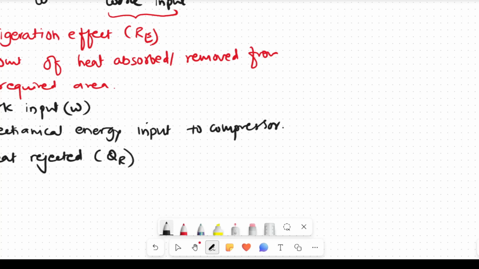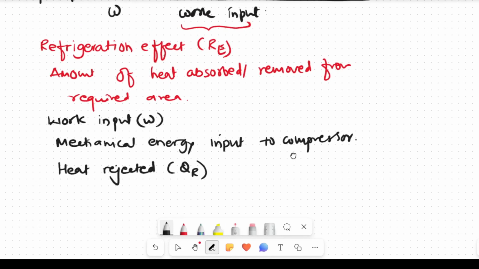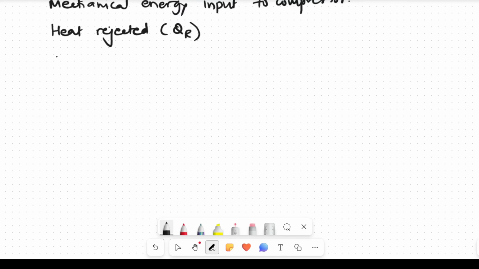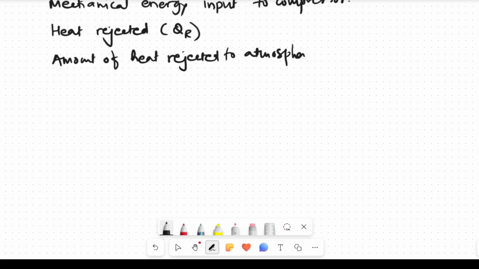So, the heat rejected is the amount of heat rejected to atmosphere or cooling medium during condensation.